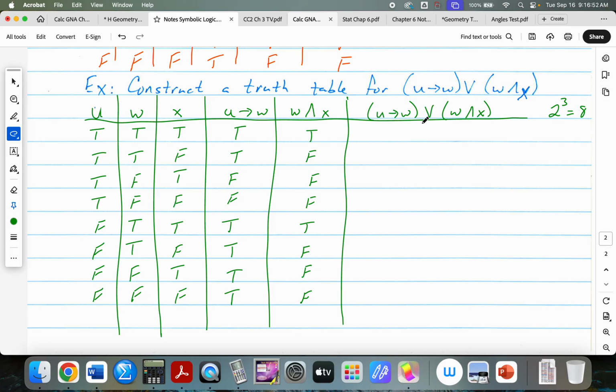Either U implies W or W and X. So on this first one, U implies W is true. I don't even have to look any further. Same for the second one. For the third one, neither one of them is true, so that's false. For the fourth one, neither one is true, that's false. For the fifth one, both are true, but I only needed one. I think the rest of them are true.